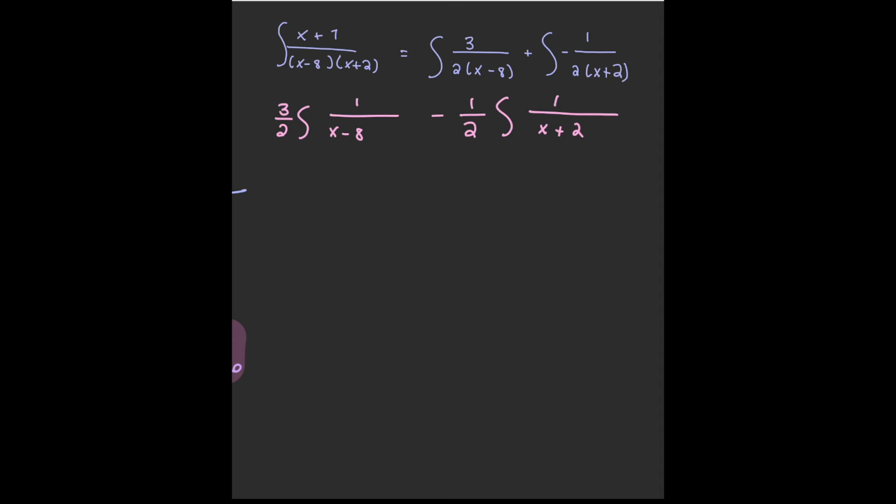Now you can do u substitution here. I'm just going to go ahead and go in with the natural log. I'm just going to solve this as 3/2 the natural log of x minus 8 minus 1/2 the natural log of x plus 2 plus c.